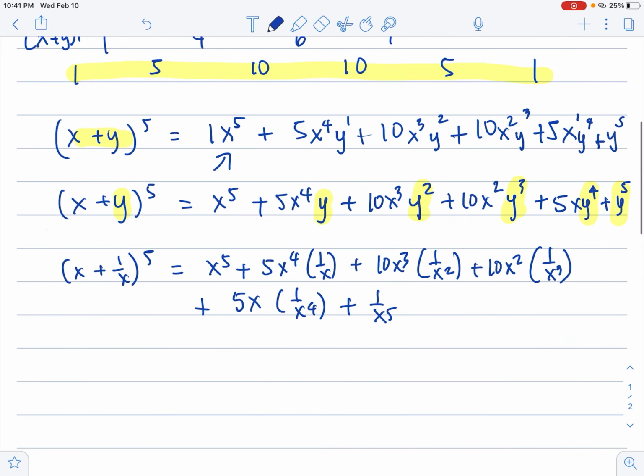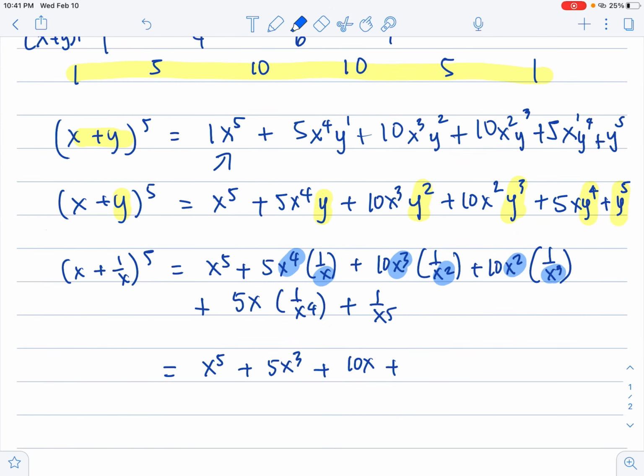Pwede ba tayo mag-cancel? So this is equal to x to the fifth plus, pwede tayo mag-cancel x to the fourth tsaka x. May matitirang x cubed. So magiging 5x cubed plus ang 10x cubed tsaka x squared. Cancel yung x squared. May matitirang x. So 10x plus yung x squared tsaka x cubed.